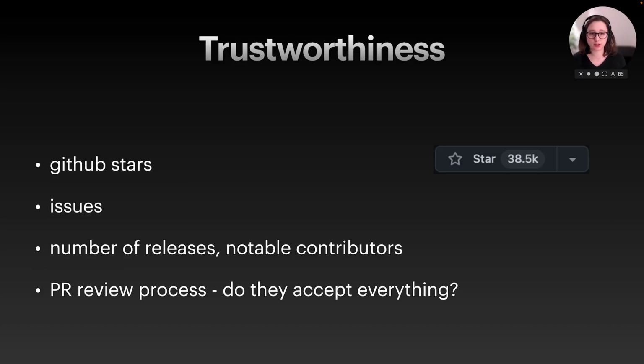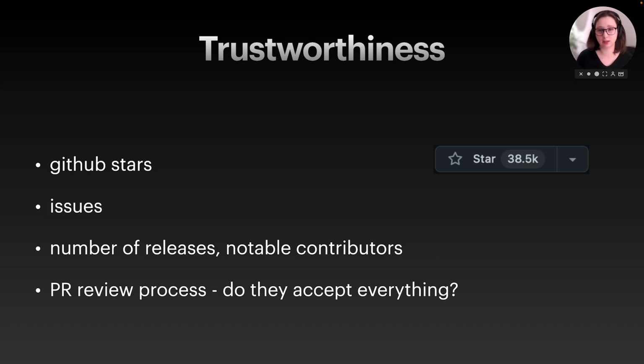So to assess trustworthiness, we can look at things such as GitHub stars, which usually indicate how many people are using this library. Then we can have a look at issues on GitHub, both open and closed, which is also an indication of the general quality of a library, how many open issues there are, and if there's basically any support or fixes coming in.